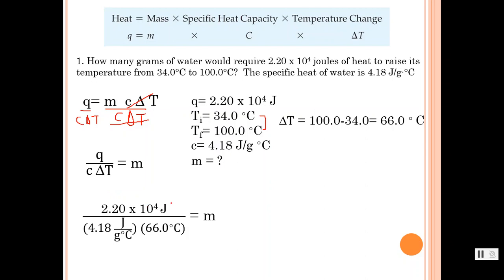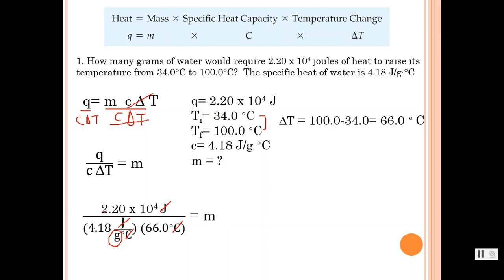And I see a few things happen, which is good. I see my joule units cancel. I see my centigrade units cancel. I'm left with grams in the denominator of the denominator, which makes that be in the numerator. So I'm left with an answer in a unit that I would expect for mass. So that's one way you can check your work.